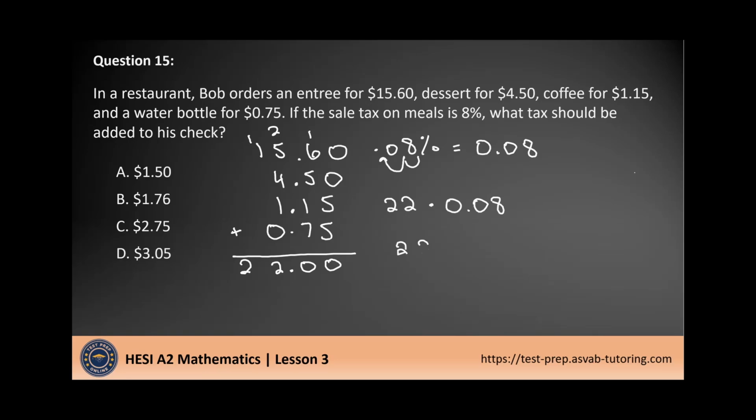Do 22 times 8. 2 times 8 is 16. 2 times 8 is 16, plus 1 is 17. We had 2 numbers to the right of our decimal place. 1, 2. So we're going to move this decimal place 2 places to the left. We get $1.76. We paid $1.76 in sales tax.